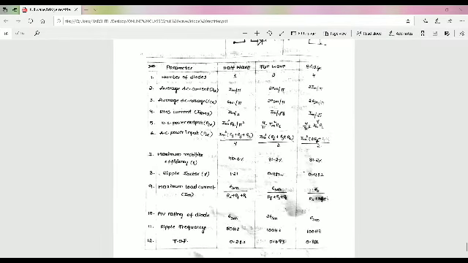In the half wave rectifier 0.287. In the full wave rectifier 0.693. In the bridge rectifier 0.812. Okay, these are all the comparison of the three rectifiers: half wave rectifier, full wave rectifier, and the bridge rectifier.